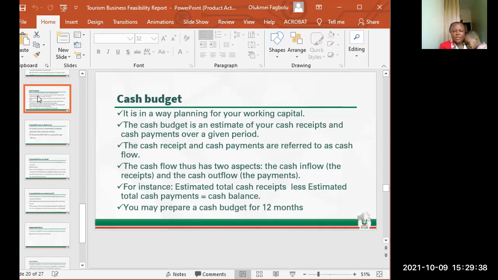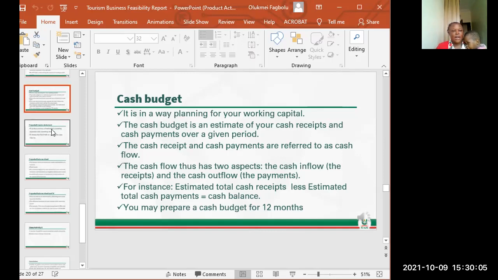For instance, let us say we have estimated total cash receipts less what? Estimated total cash payments will give us the cash balance. And we can prepare our cash budgets for a month, covering maybe a quarter, 6 months, or 1 year. But it's better we don't allow it to exceed 1 year.